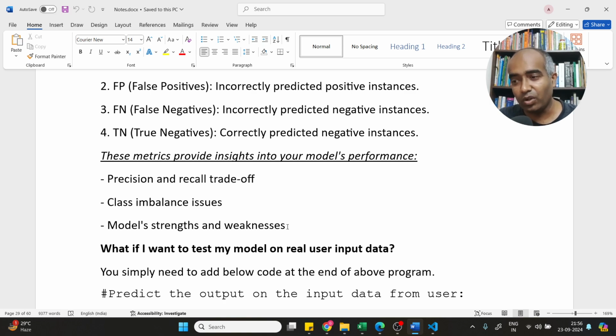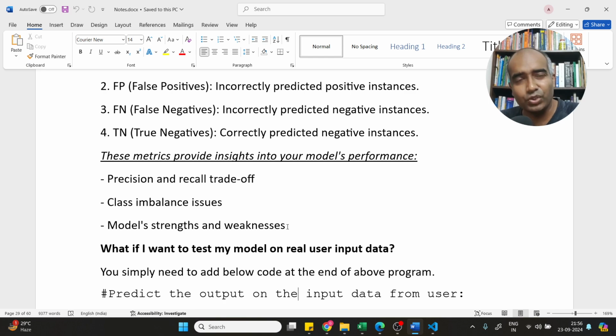Like how your model is performing, what the precision and recall trade-off is, are there any class imbalance issues, and whether your model is strong enough or weak. Those kinds of things are described here with the help of these results.